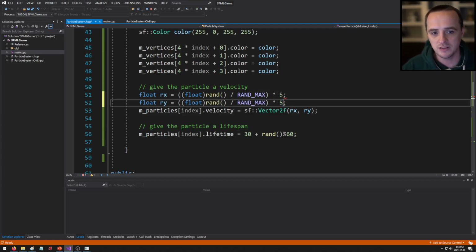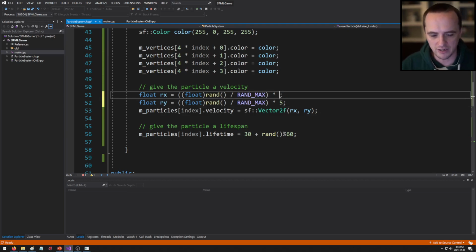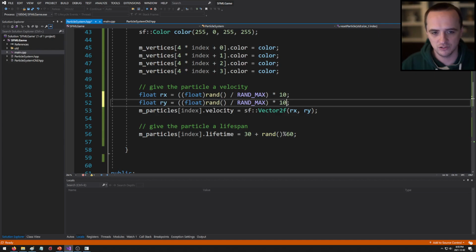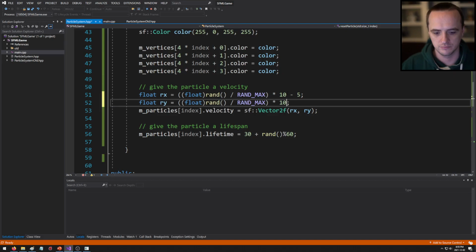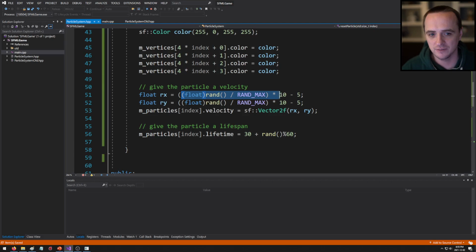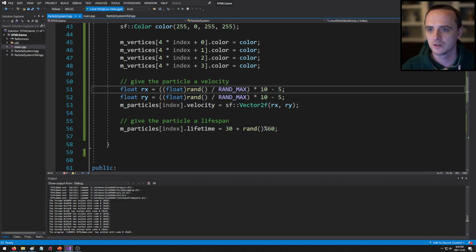So here, if I want these to be able to be from -5 to 5, all I need to do is change this to 10. So now it has a spread of 10, and then I subtract 5 from it. And so what this will do is at the very least, this is going to be a 0. At the very most, it's going to be a 10. So if I subtract 5 from this, right, then it's going to be at least -5 and at most +5. So let's try it again.